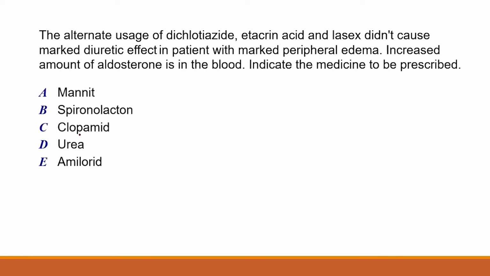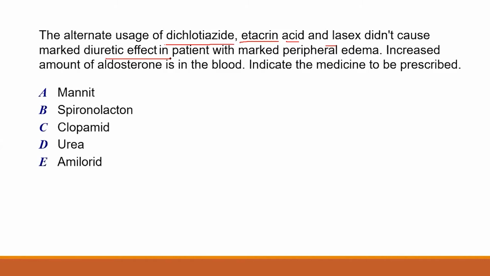Good. So we have the alternate usage of dichlothiazide, ethacrynic acid, and Lasix didn't cause marked diuretic effect. Now, all these are diuretics, okay? Diuretics are drugs that allow people to pee a lot, so water flows out of the system.